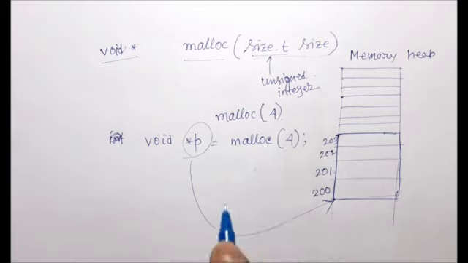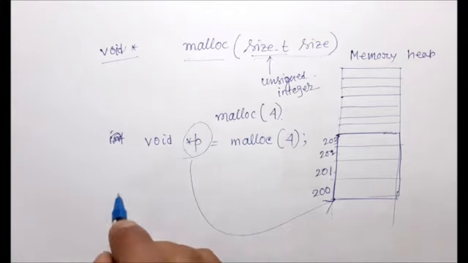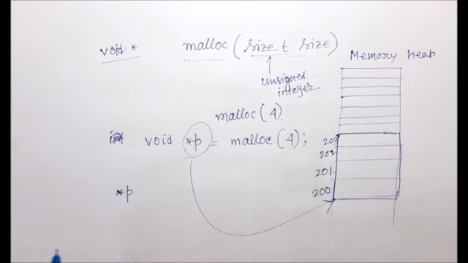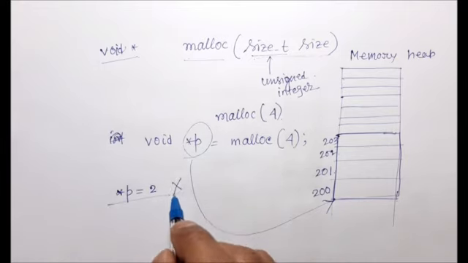Now, suppose I want to assign some value to this location, because I have already mentioned that it will return the first block of memory address. So if I write star p equal to, is it valid? No, it is not valid. Why? Because it returns a void pointer.